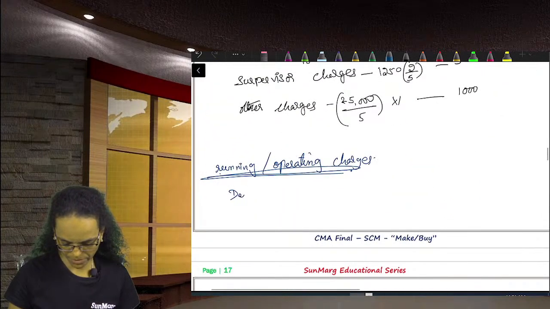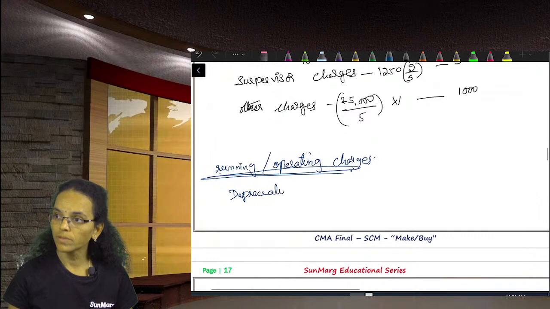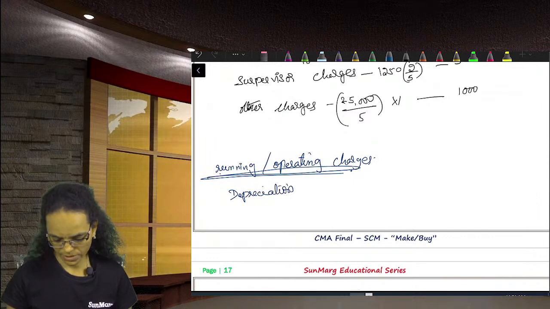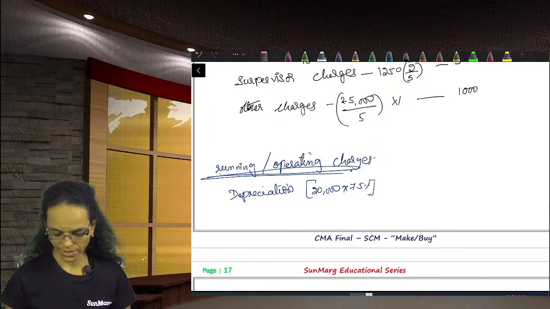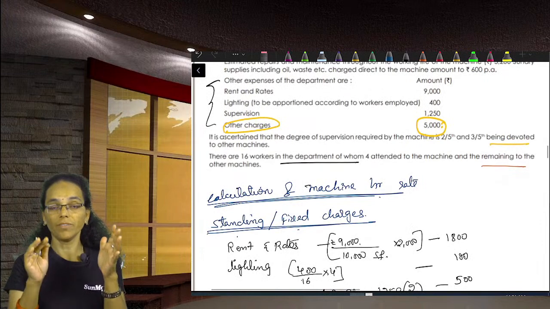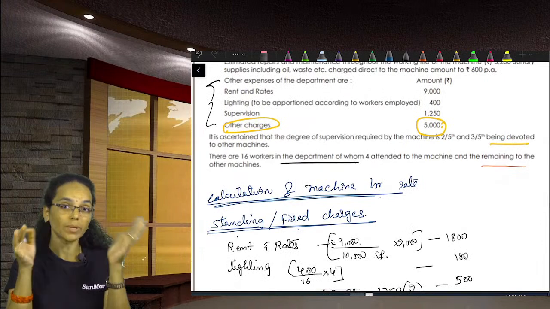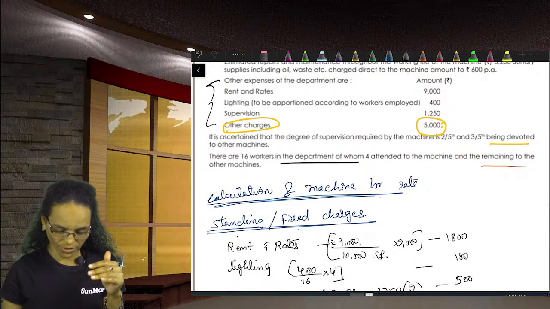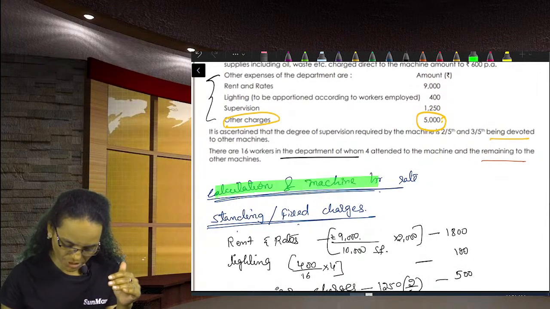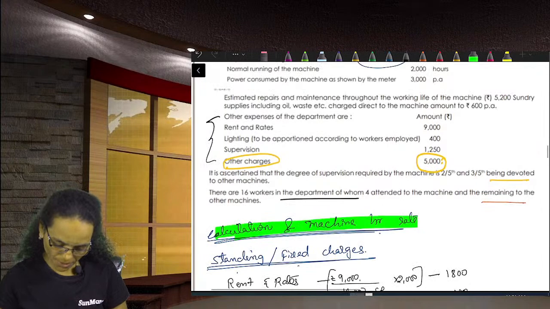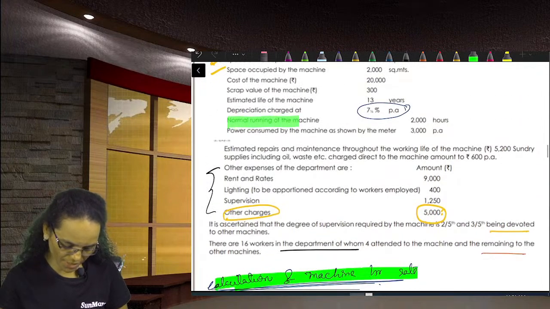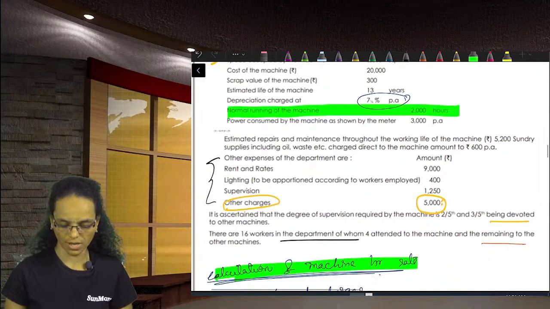So depreciation is 20,000, the cost of the machine, into 7.5, the depreciation rate. But this is depreciation per annum, and we need to find out the machine hour rate. In a year, the number of running hours of the machine is 2000 hours.